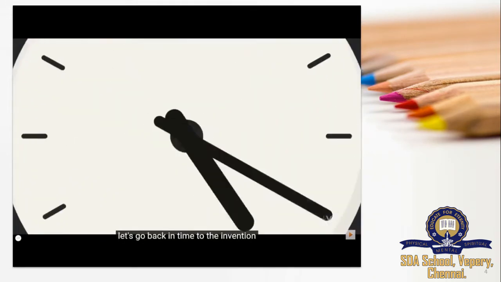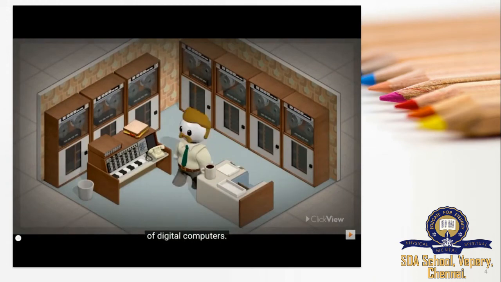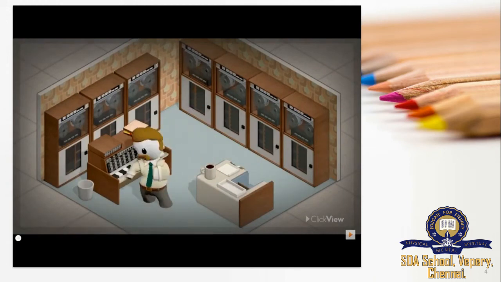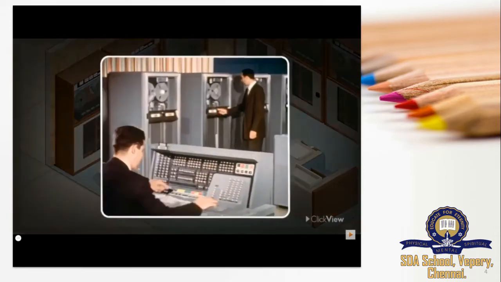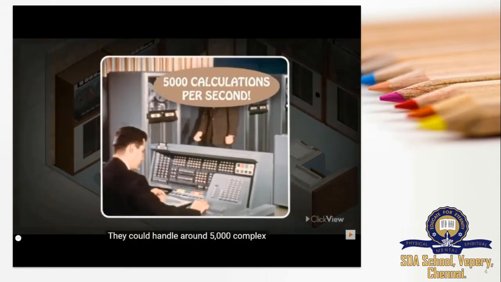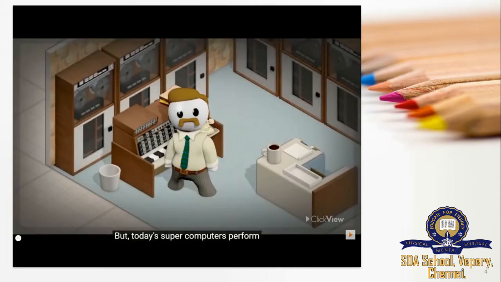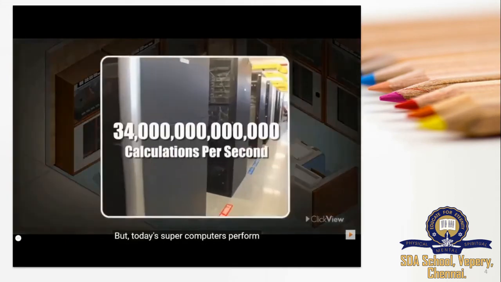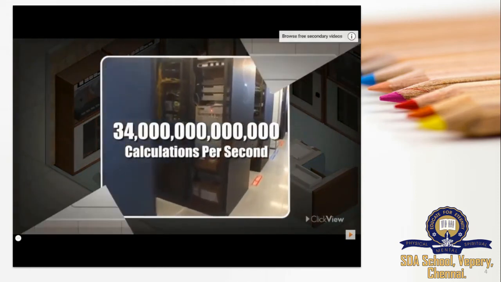To consider what the operating system is, let's go back in time to the invention of digital computers. They could handle around 5,000 complex calculations per second. Impressive for the time, but today's supercomputers perform nearly 34 trillion calculations per second.